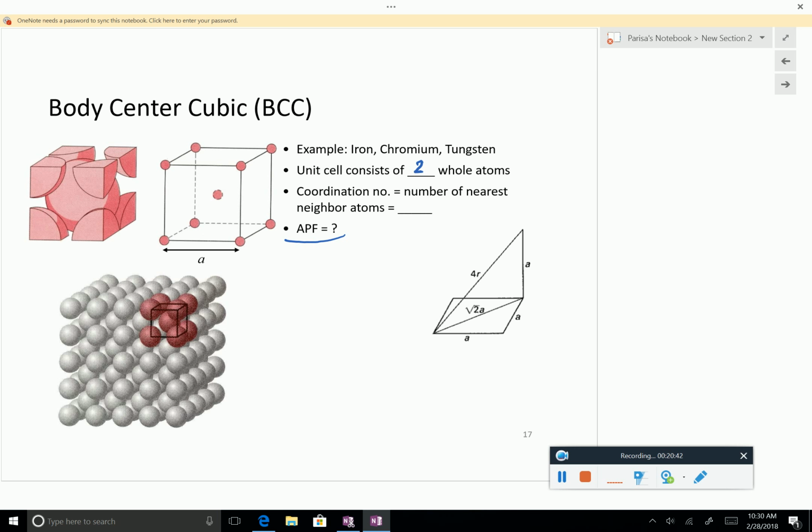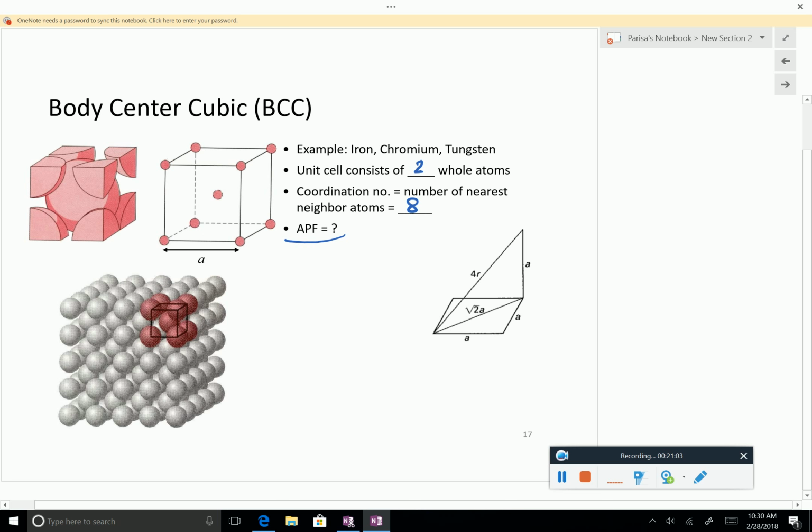How many? 8. It's kind of easy to see here. Now, to find APF, we also need to know the relationship between A and R. This one needs a little bit of attention.